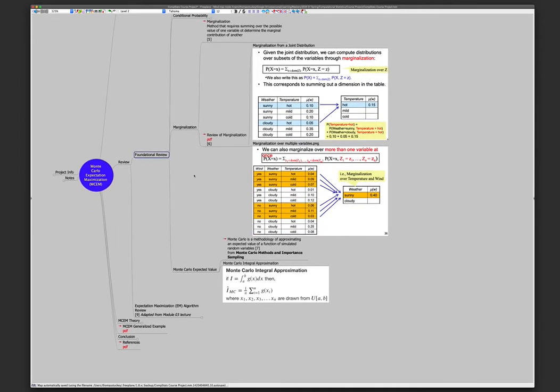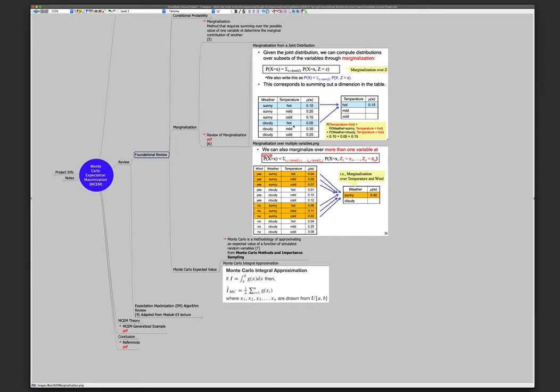Then a review of marginalization. This is quite important. It talks about when we've got data that's broken up, how can we find things about different conditional distributions on that? This is a simplified example.